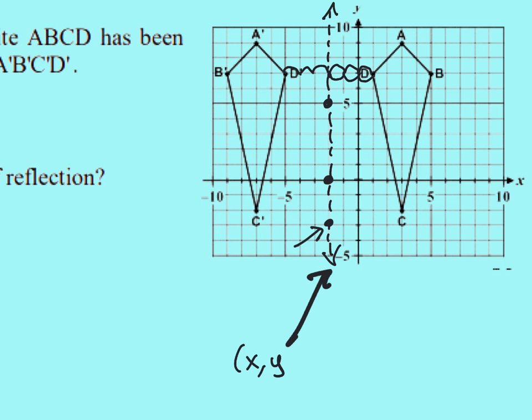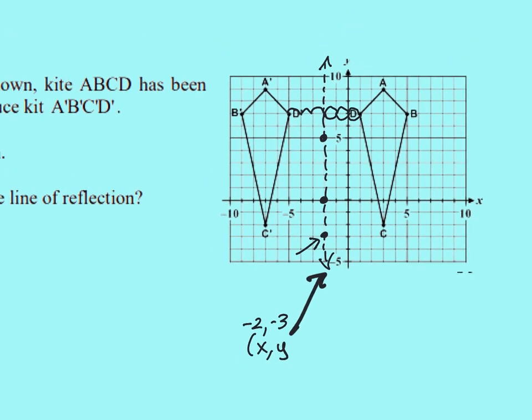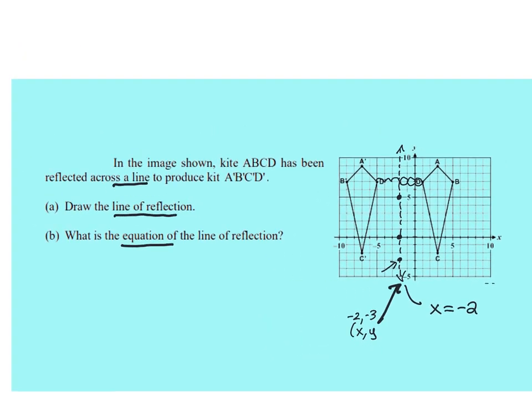And I would say that that point is -2 and -3. So my x coordinate is -2. And I urge you to look at that and say, do you agree that every x coordinate here is -2? I'm going to say yes. And your equation for your line would be x equals -2. There we go. That's our line of reflection.